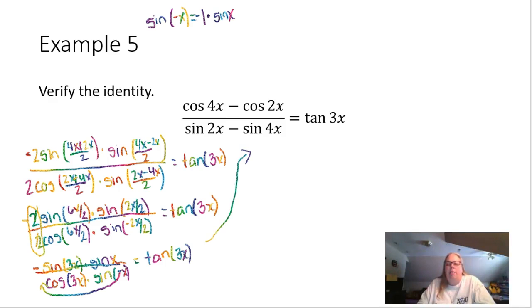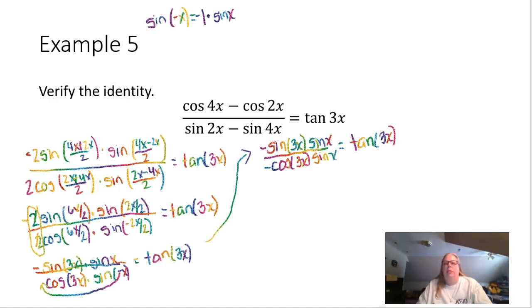And now we're going to have negative sine of 3x times the sine of x over the negative cosine of 3x times the sine of x. And we want this to be equal to the tangent of 3x.